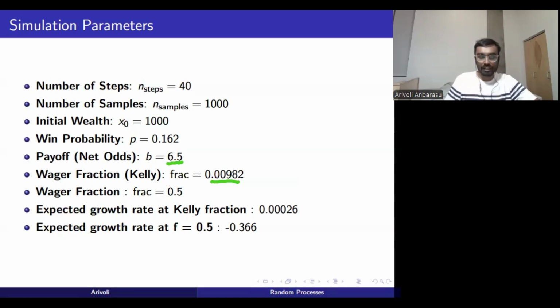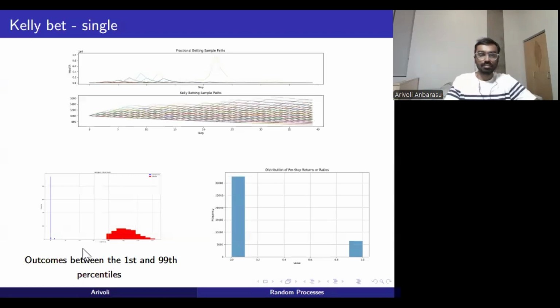So from our calculations, we can see the Kelly growth rate is small but positive. But in the case of betting half of our wealth, we end up with negative growth. We will verify the results of our calculation using the simulations. The simulation shows that the number of samples where it went to zero is smaller than the case where we bet 50% of our wealth.